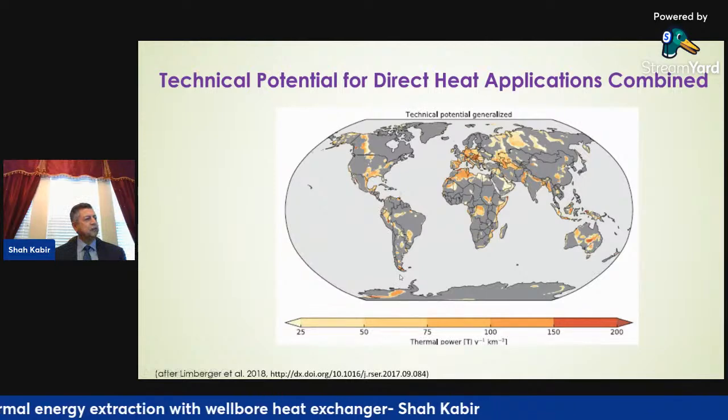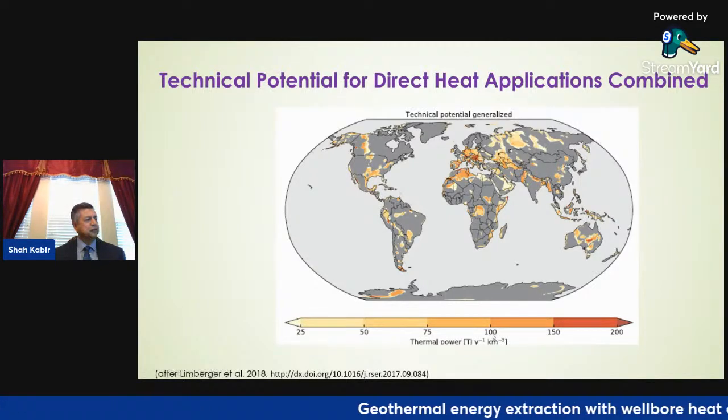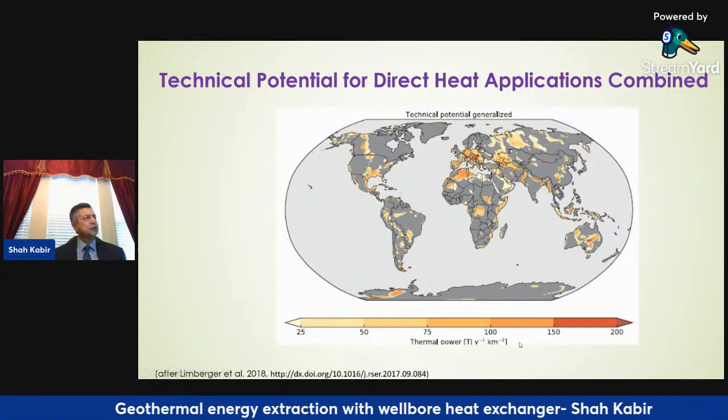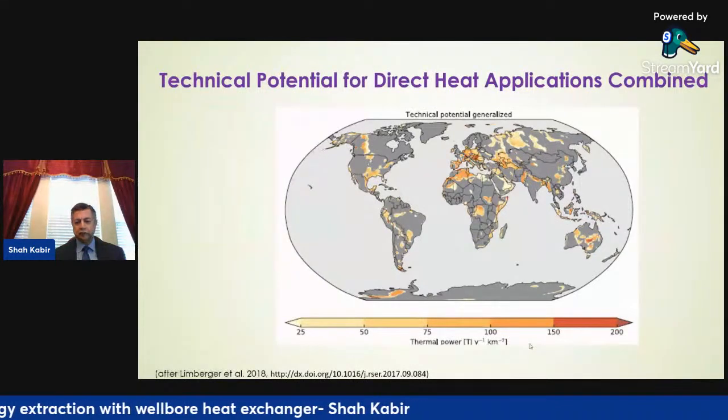So besides that, we have many other parts of the world. We have the opportunities for generating thermal energy. So with that, I conclude my talk and thank you for your attention.